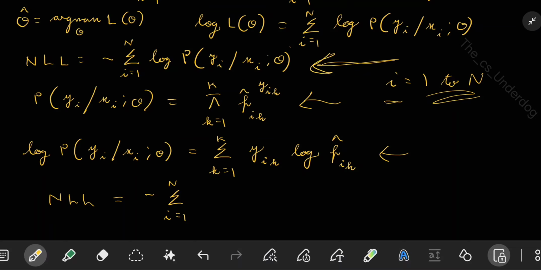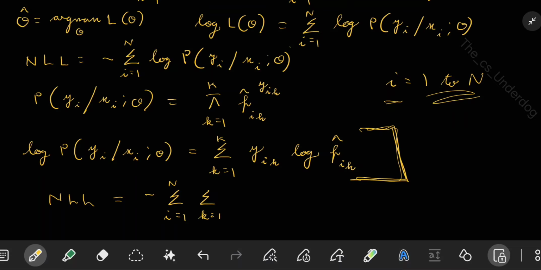But for the remaining part, log p of yi given xi, I'm going to substitute this thing. What I'm going to write is sigma k equal to 1 to K of yik log of pik cap. This is the right way of expressing it.